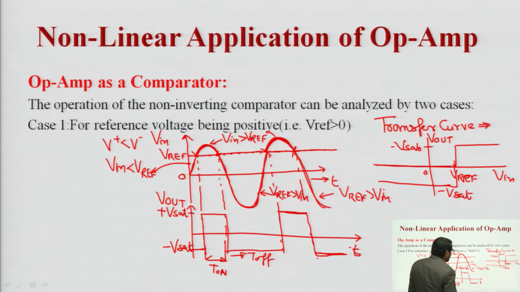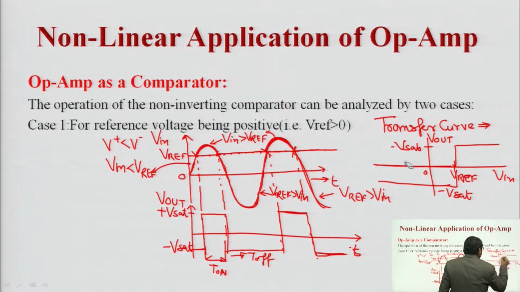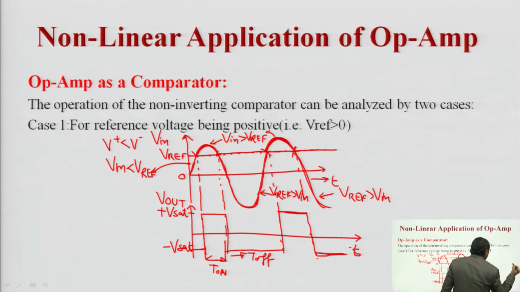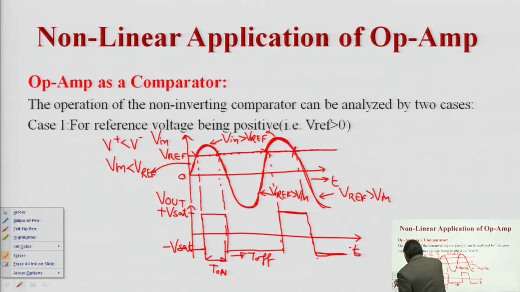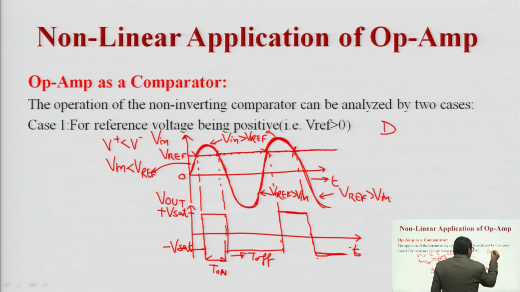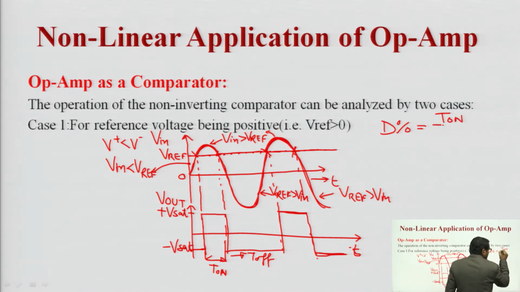If you go for the duty cycle of this square wave, the duty cycle, denoted by D percentage, is equal to T on divided by T on plus T off, into 100.